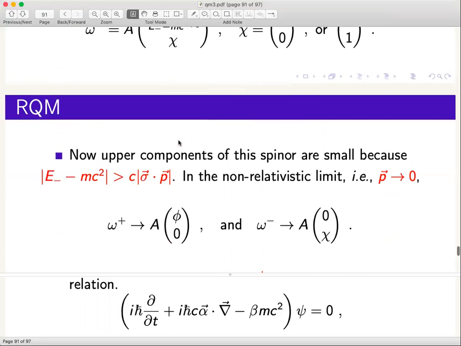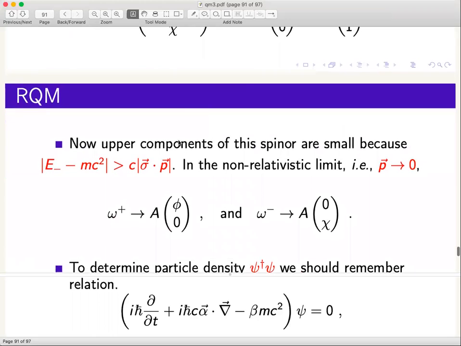So if you take the non-relativistic limit of this system, you would essentially interpret omega plus to be A times (phi, 0), whereas omega minus is A times (0, chi). That is the reason why in the non-relativistic limit you have two-component spinors and not four-component spinors.